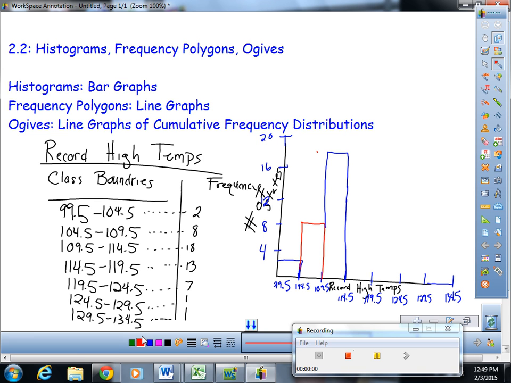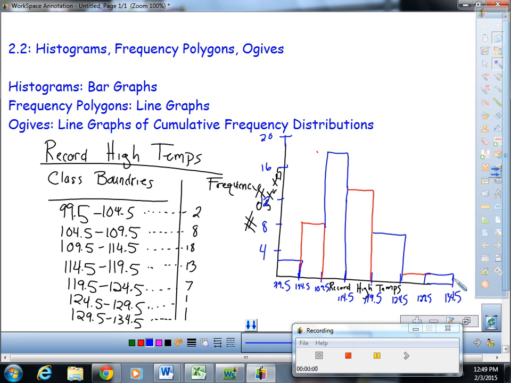Back to 13. 7. You guys don't have to change colors on your homework if you don't want. And then a pair of 1s to end. So make sure that the 1s are less than 2s is really all that matters. There you go. A reminder on how to do a bar graph.